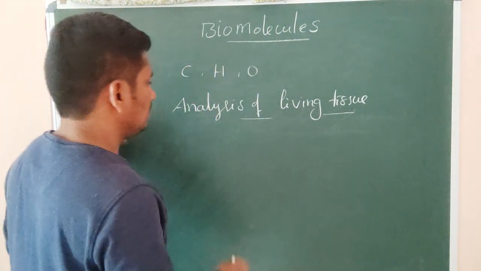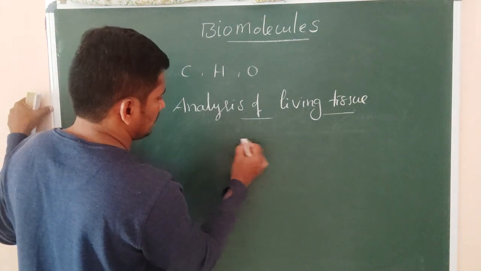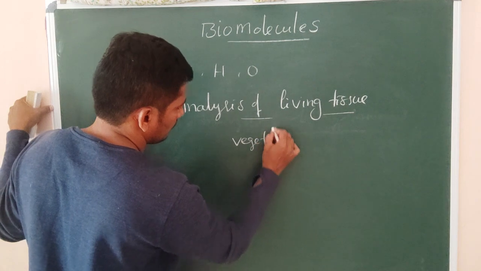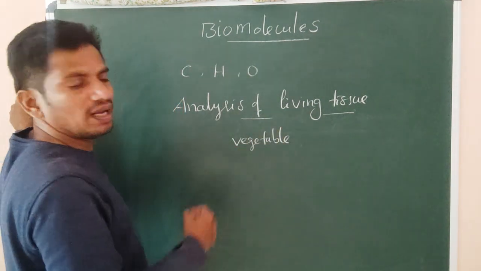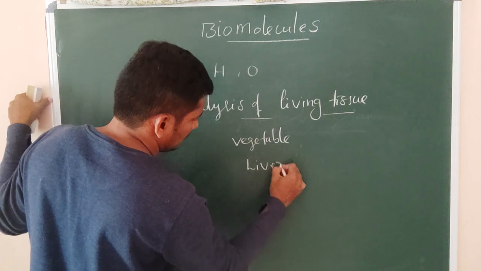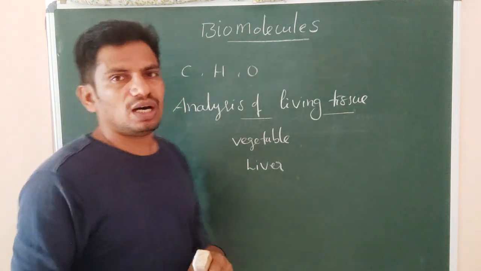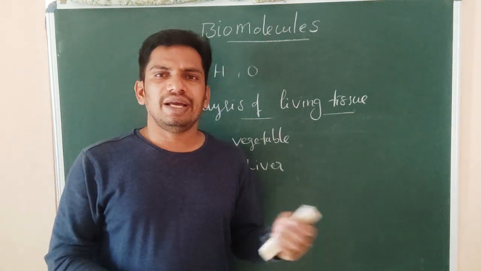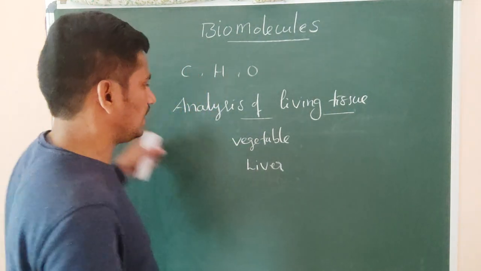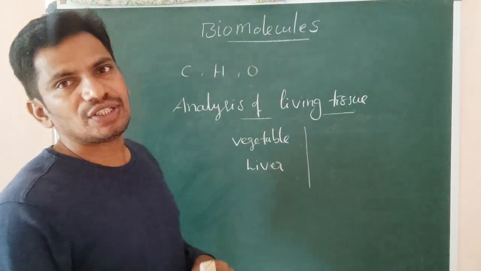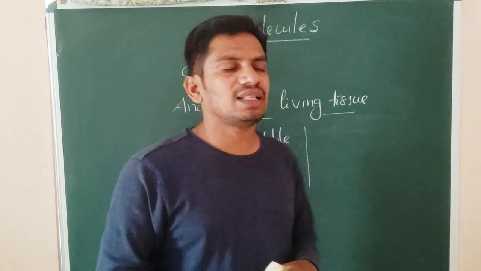For the analysis process, I have to take any vegetable, or an animal part like liver tissue, or any vegetable leaf or the peel of any other vegetable. What are the requirements for this analysis of the living tissue?